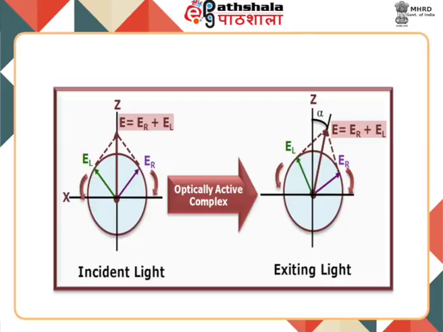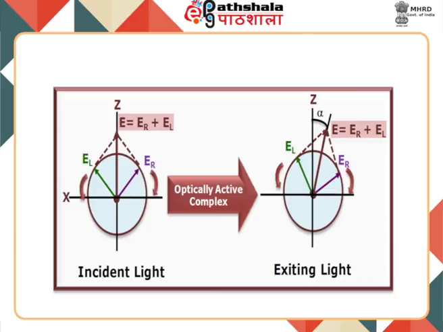However, the speeds of the two circularly polarized components are retarded by an optically active substance to different extents, and this results in the rotation of the plane of polarization. When an optically active medium rotates the plane of polarization, this is the result of unequal angles which EL and ER make with the Z axis.